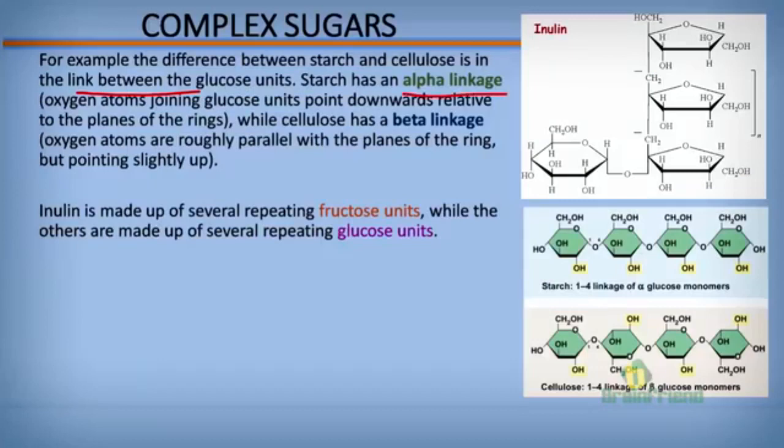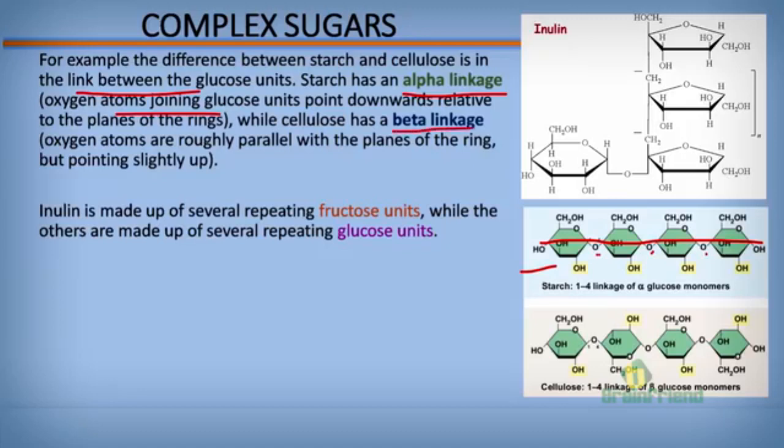This means that the oxygen atoms joining the glucose units point downwards relative to the plane of the ring. Here we have a molecule of starch. We can use this to represent the plane of the ring. You can see that all the oxygens bringing about the linkage on the starch molecule are pointing downwards. So this is what we refer to as alpha linkage.